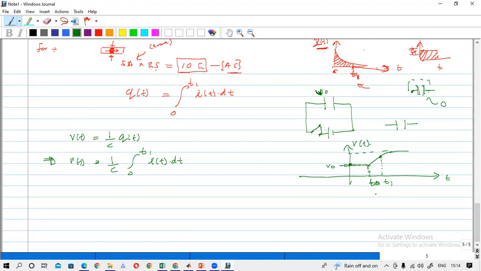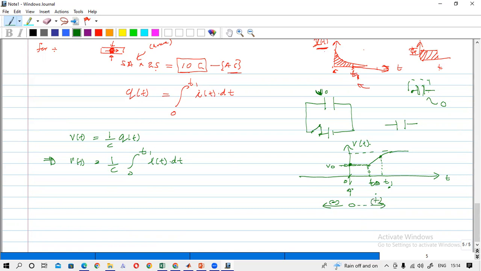So this is the 0 time, and this is the starting time. Normally this time cannot be a minus value. But if we refer to some time as 0, the previous time we can consider as minus and the future time as plus.